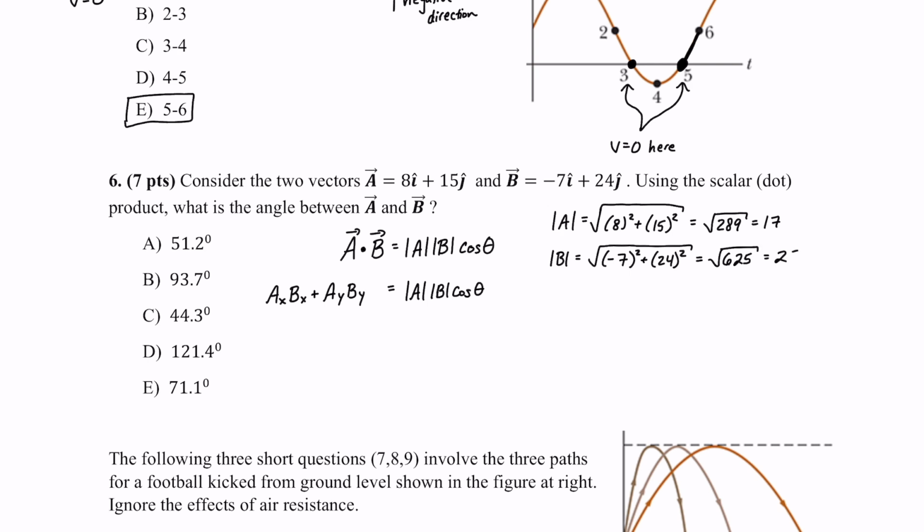Returning to our equation for the dot product, we can figure out the left-hand side by multiplying 8 by negative 7 and 15 times 24, and then plug in what we just found for the magnitudes.